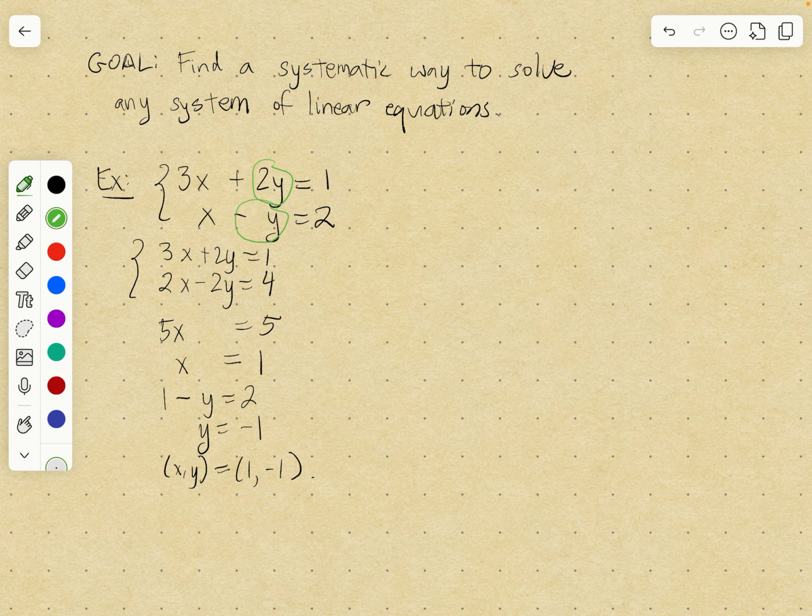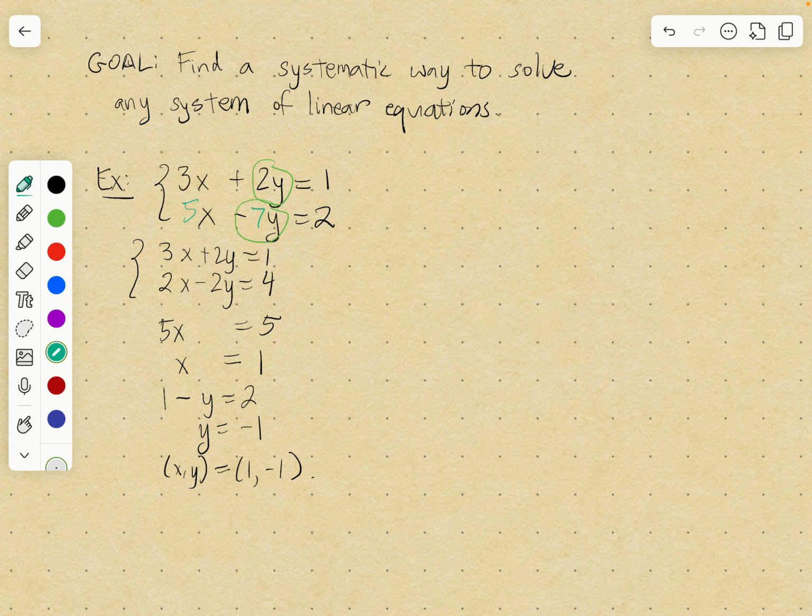But if you have another system of equations, so for instance, let's say I changed the x minus y to x minus 7y, and then instead of x I had 5x, then I would maybe try something else, right? So that wouldn't be systematic. What we want is one algorithm that you can use, and it will be the same no matter what system of equations you have.